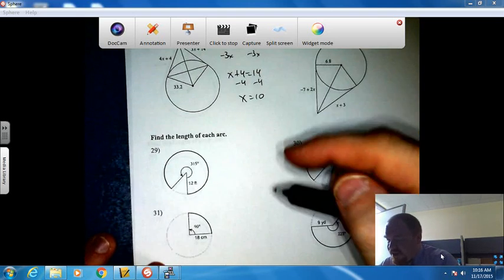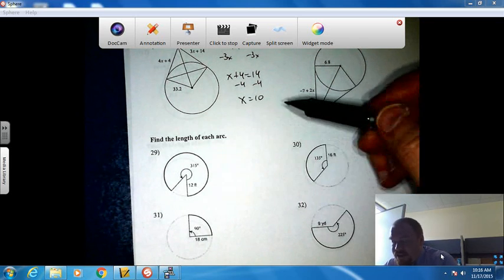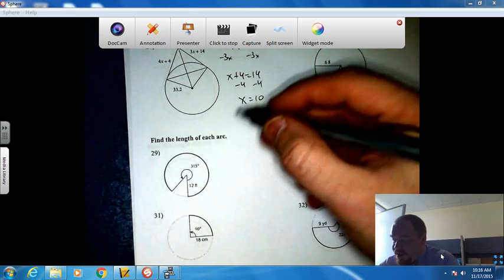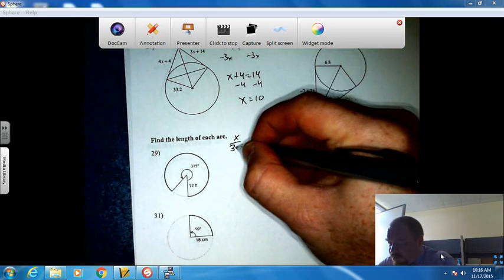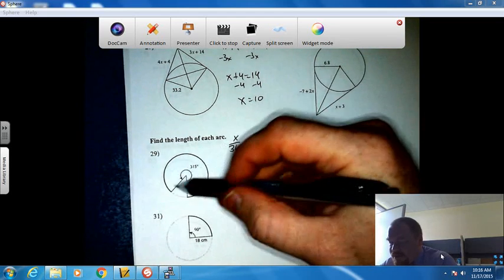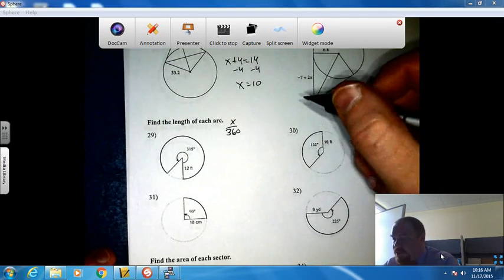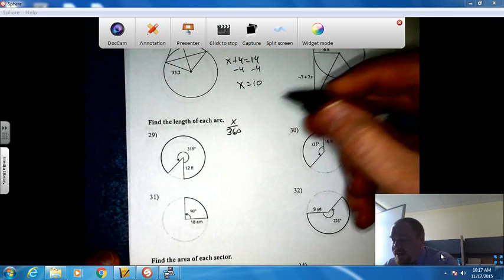Coming down here, okay, these are my length of an arc. So I know it's a fraction of a circle. Okay, and length deals with circumference. So cherry pie delicious. Okay, so circumference is pi times diameter.